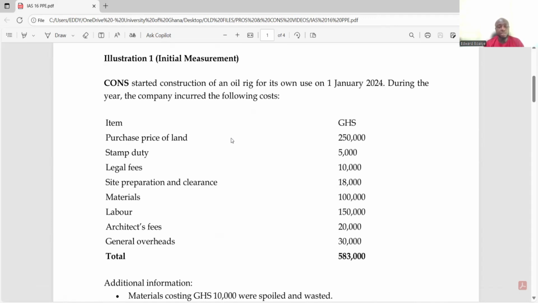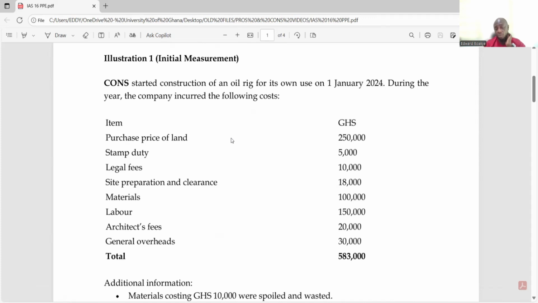There was a stamp duty, there was legal fees, there's site preparation and clearance. Remember, this is site preparation, not site restoration. Right? This is site preparation and clearance, which is 18,000. Materials of 100,000, labor 150,000, architect's fee 20,000, and general overhead.